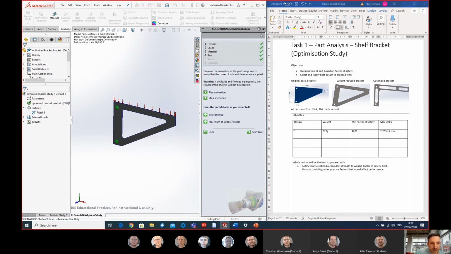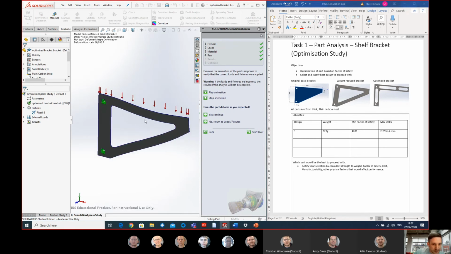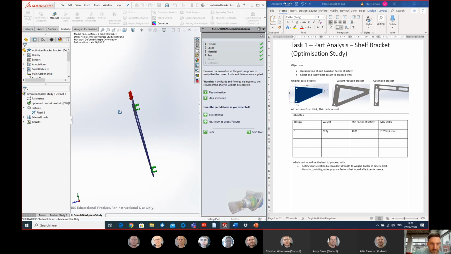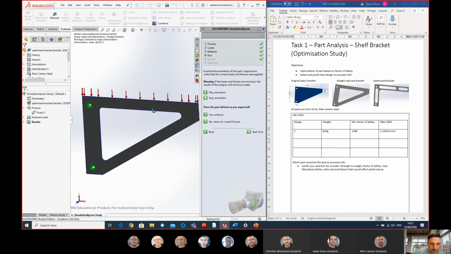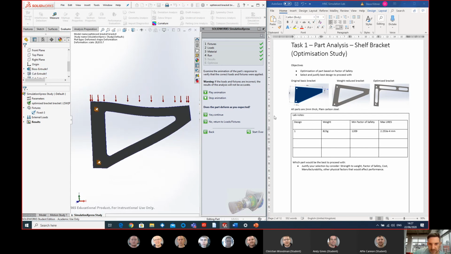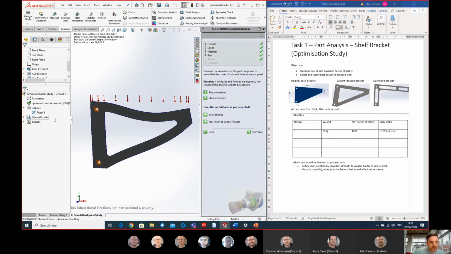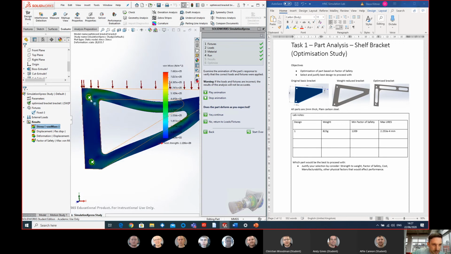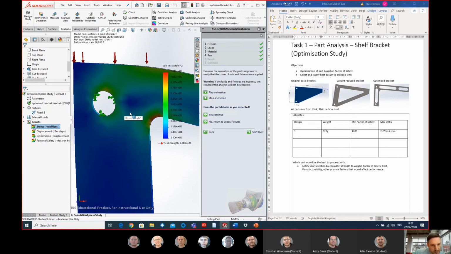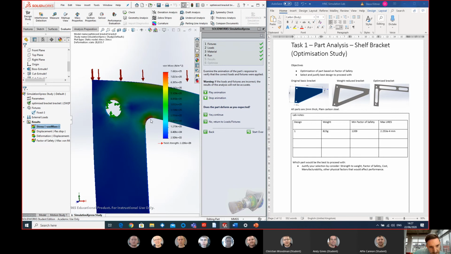Okay, so we can see now it's deforming in a slightly different way. Let's stop that animation. Let's have a look at the results. So let's look at the stress. So we can see that actually now the maximum stress is moved into this corner as opposed to here.